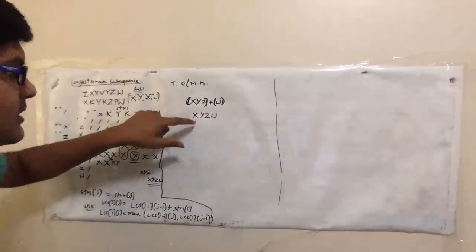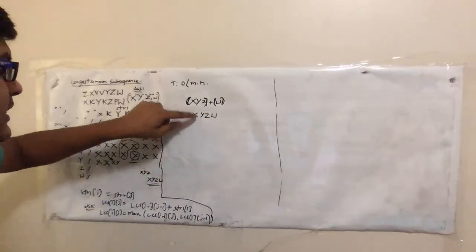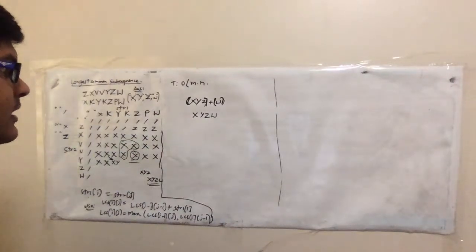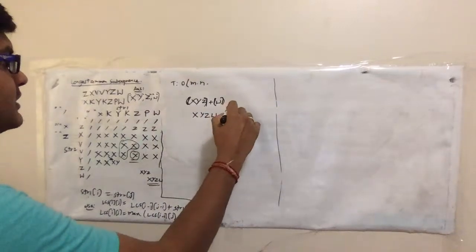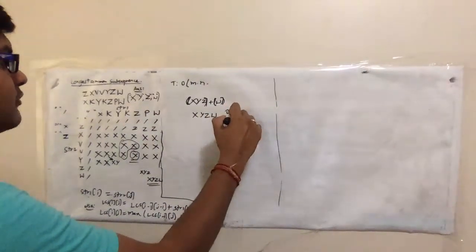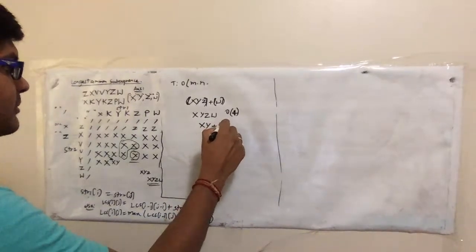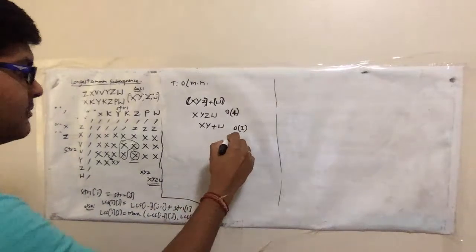So this is actually not a constant time operation. For xyzw, for adding the four characters, it is big O of 4. If it is just two characters appended, or three characters, it is big O of 3, it's not big O of 1.